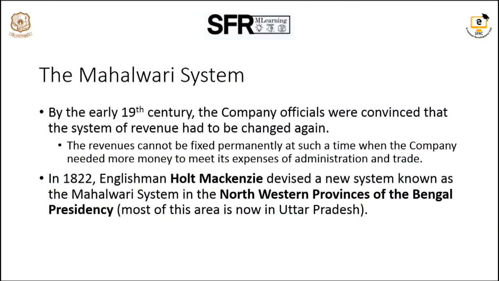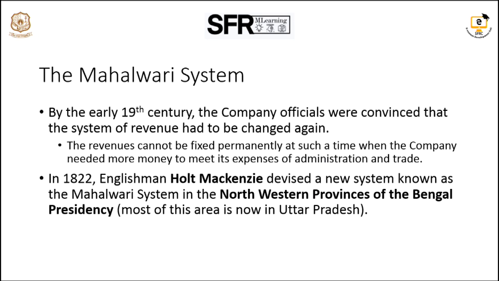The next system, the third one, is the Mahalwari system. By the early 19th century, the company officials were convinced that the system of revenue had to be changed, because of some problems with the zamindari and ryotwari systems. So a new system was introduced. This was introduced in 1822 by an Englishman, Holt Mackenzie.